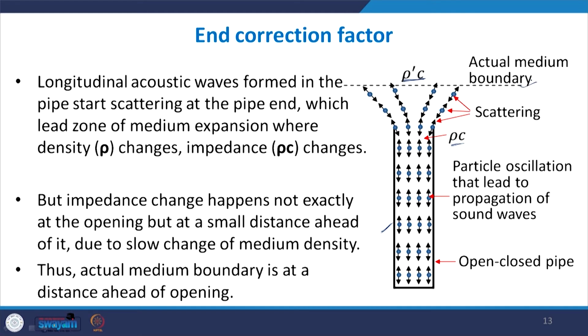This change in density is very slow. In the ideal situation we assumed the change in the medium happens here, and we took this as the length of the pipe. But in reality the actual change in the medium takes place a little bit ahead of the pipe. So this is where the second boundary is.